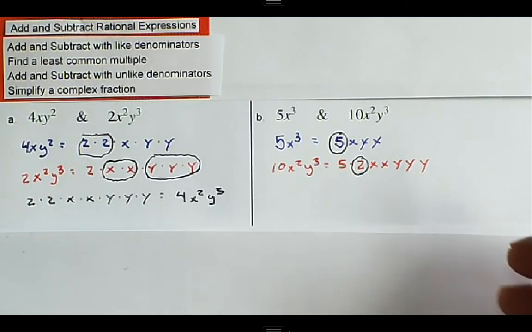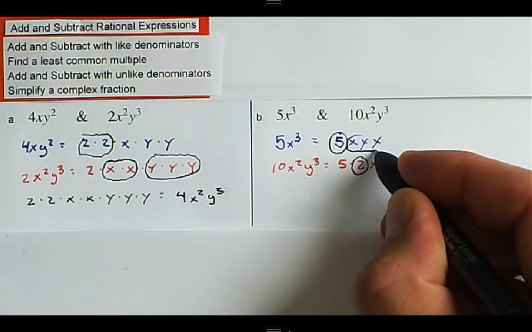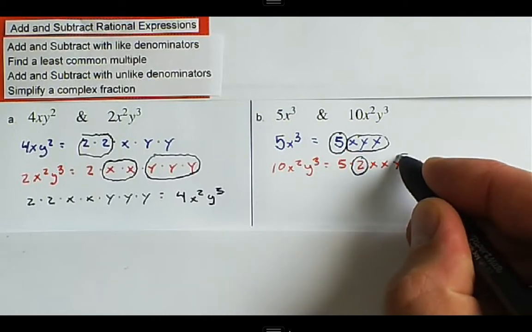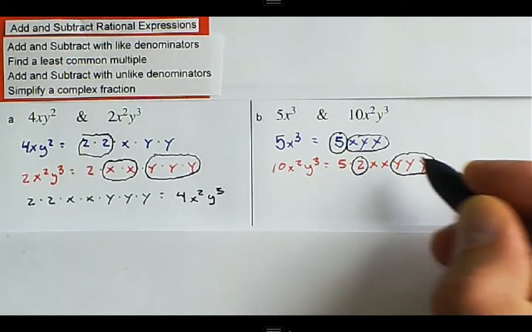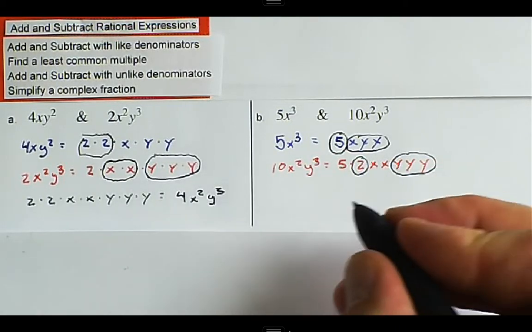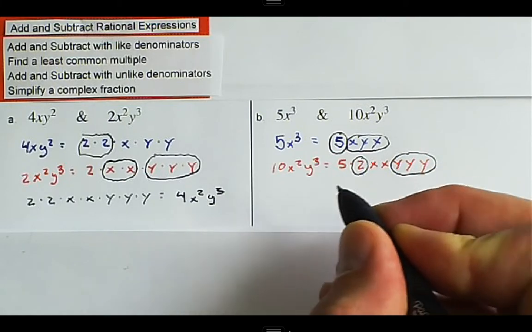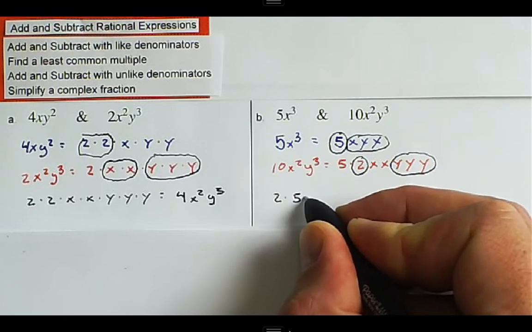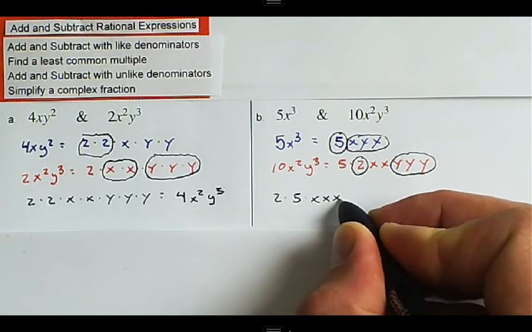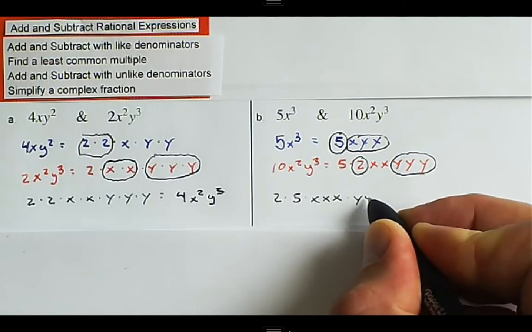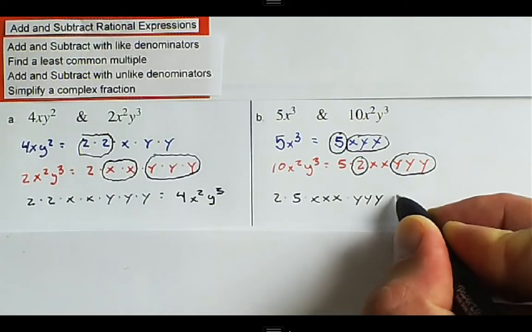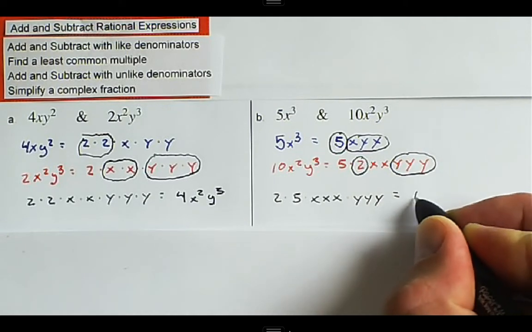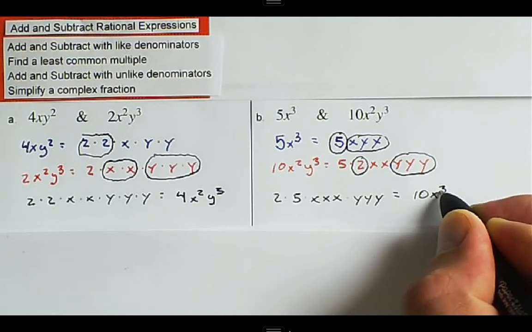And then we have an x cubed, and we have a y cubed. So we end up with 2 times 5 times x times x times x times y times y times y, which ends up being 10x cubed y cubed.